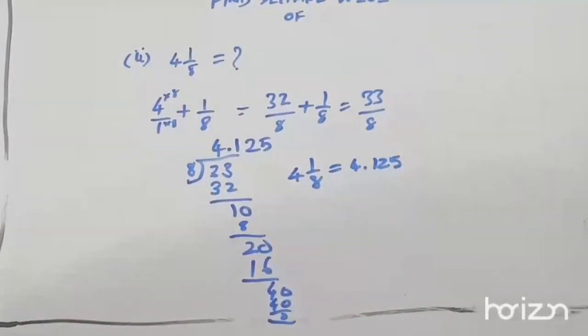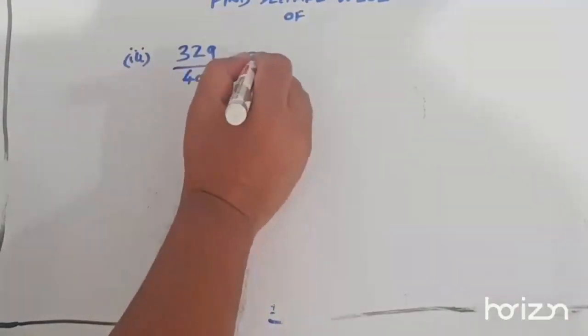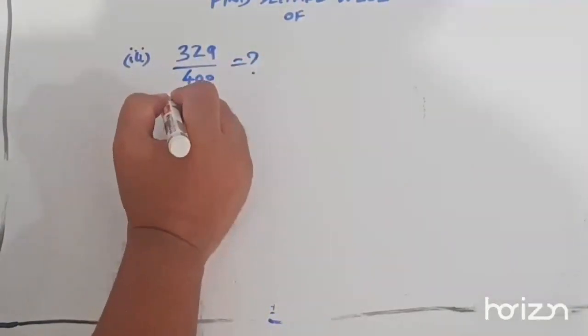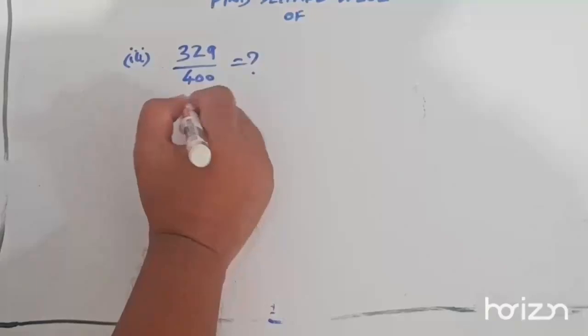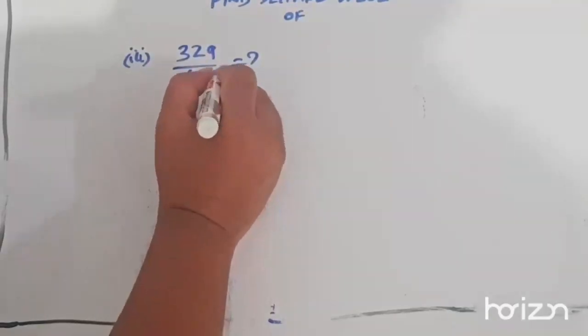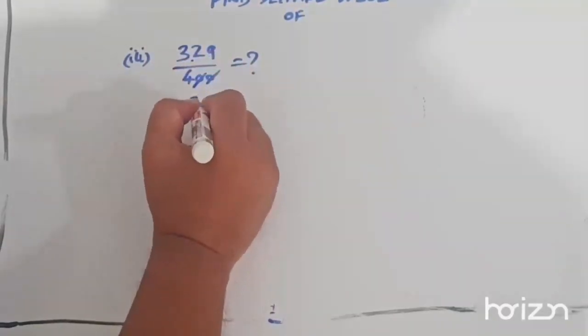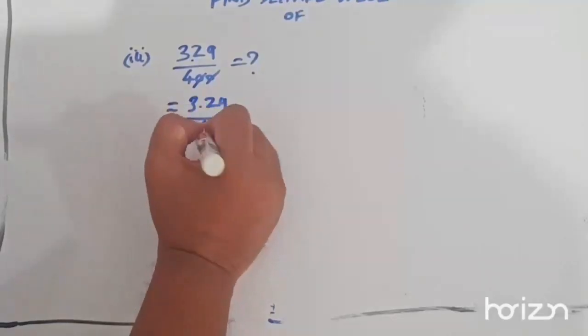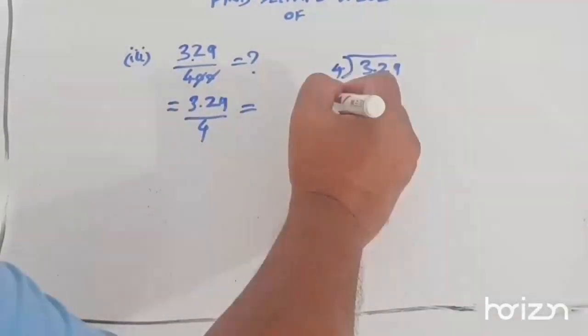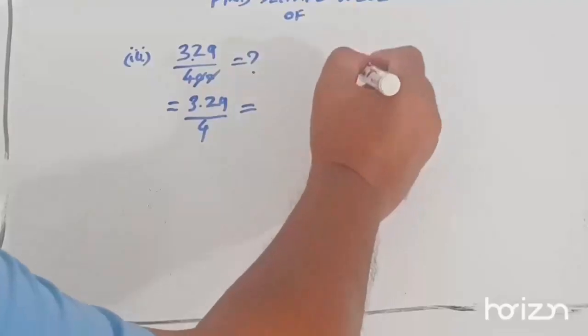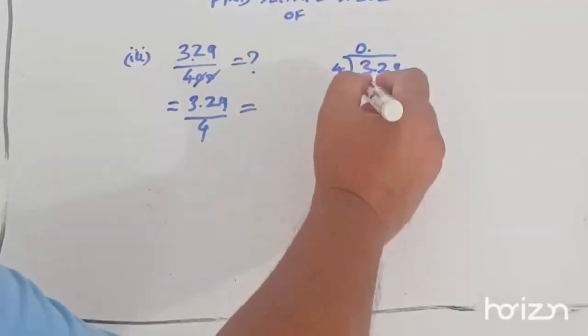Okay, so what is 329 by 400? It is easy here also, you have two zeros which can cancel, you get 3.29 by 4. Now it's a simple division of 3.29 by 4. You put a 0 and you put an 8, 4 8s are 32, right?